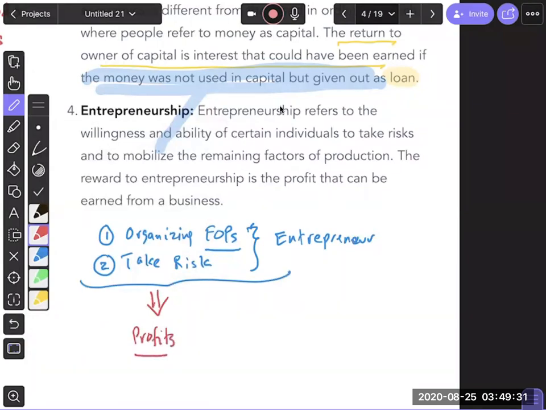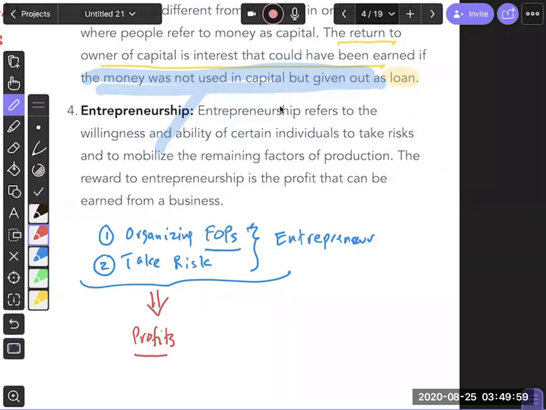So what's the reward of entrepreneurship? We say entrepreneurship is actually a factor of production because it's a very key role. If you don't have entrepreneurs, you don't have businesses, you don't have output produced. Somebody has to take the risk, and that person then employs a lot of other people, but is also the one who provides goods and services to people.